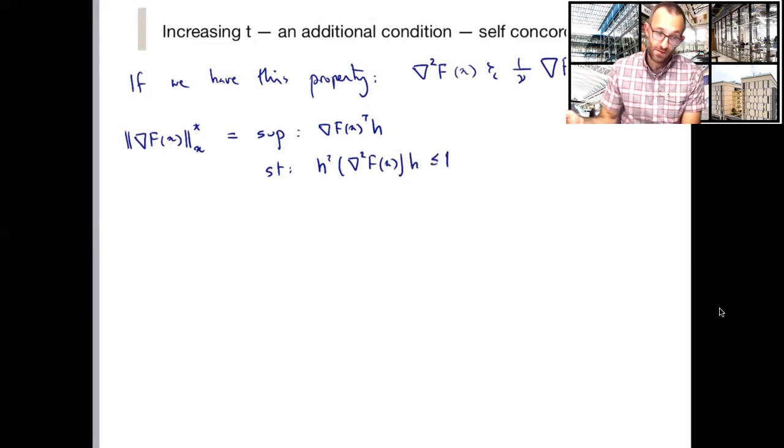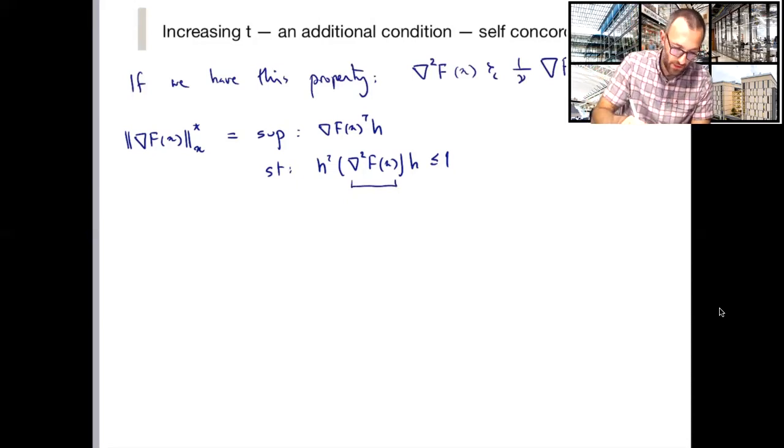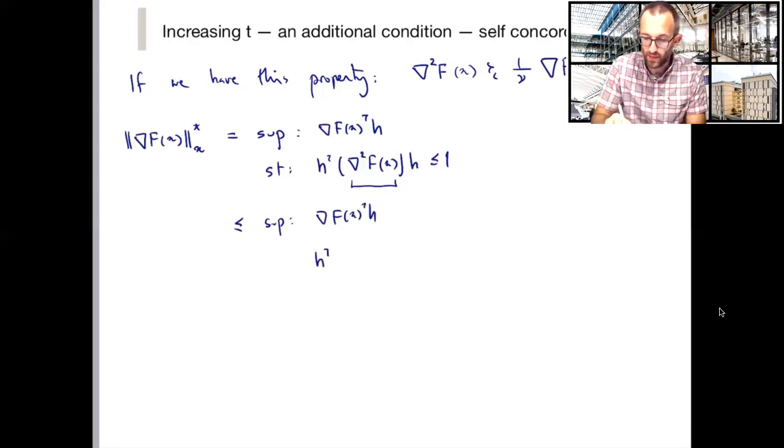But I can always replace, if I replace this with something smaller, it'll allow h to be bigger, and therefore I can do that. And so this is upper bounded by the supremum of gradient of f of x transpose h. H transpose, I'm going to replace this semi-definite matrix here with a smaller semi-definite matrix. Which one? Well, the one that's sitting right here.